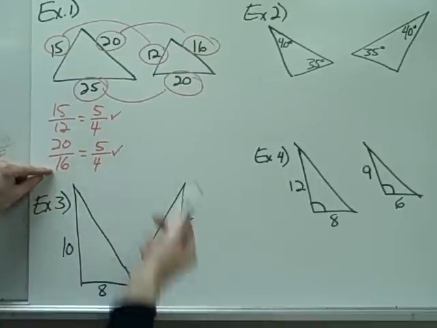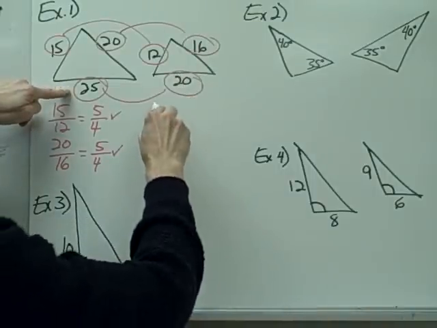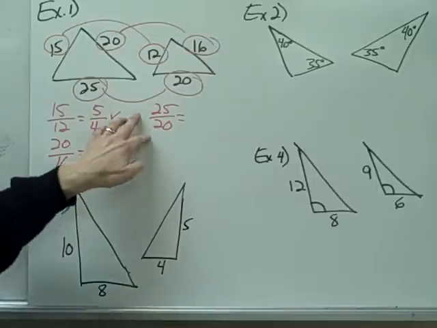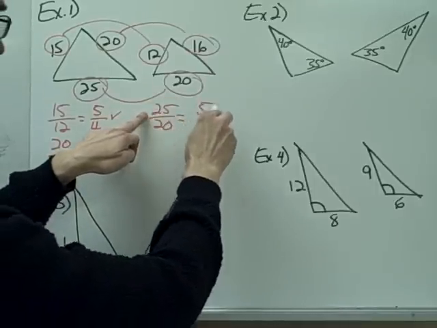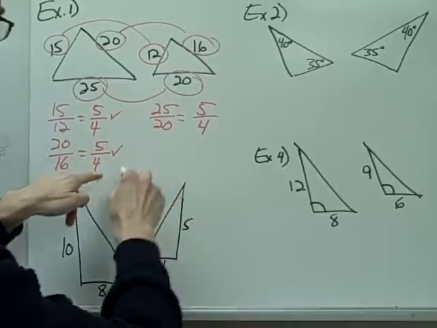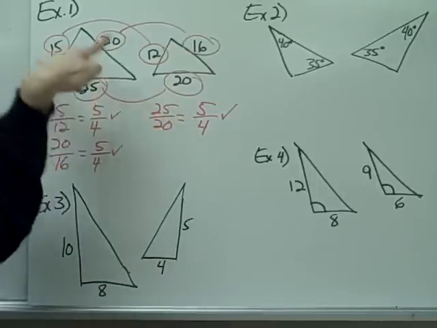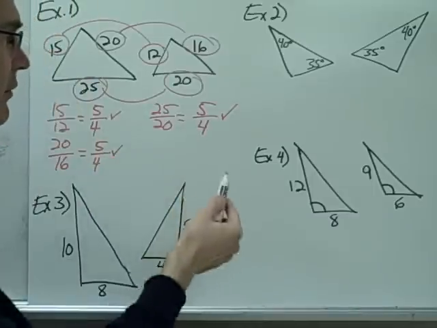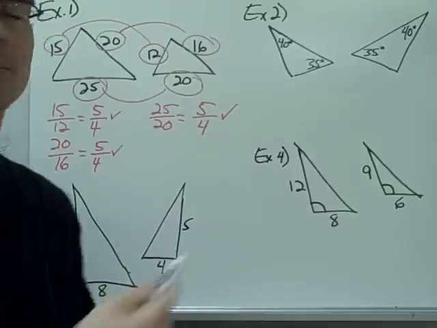All right, so I'm good so far. Now I just have to check my last pair of corresponding sides, 25 and 20. If I divide top and bottom by 5, then I get 5 over 4, and yes, each ratio of the corresponding sides is equal to the same number, 5 over 4. Therefore, all of those pairs of corresponding sides are proportional.